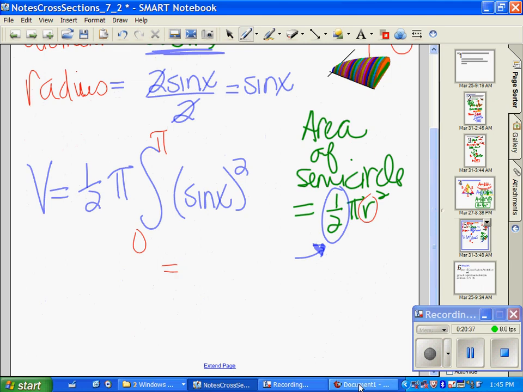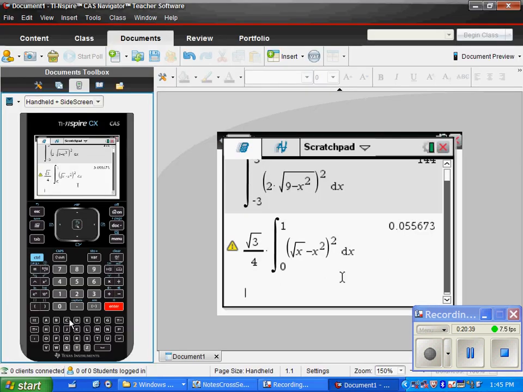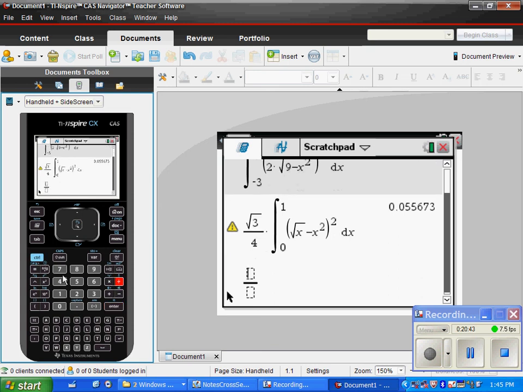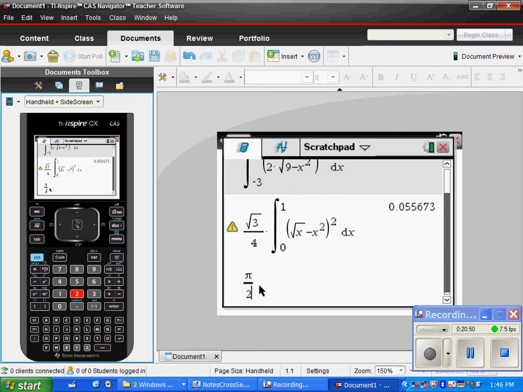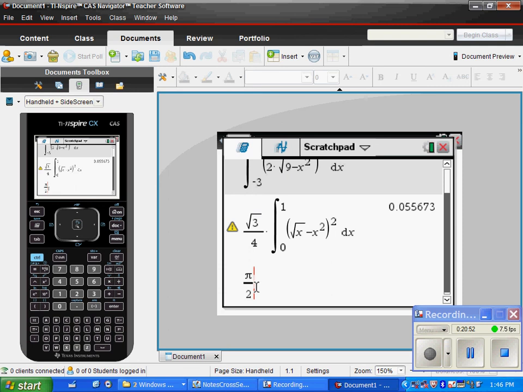So I'm going to go ahead and do this problem. I'm not quite sure what mode my calculator is in, so we'll just find out. Pi over 2, and again, that was just 1/2 pi.